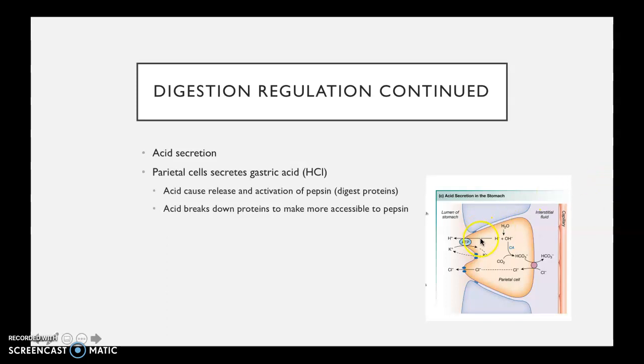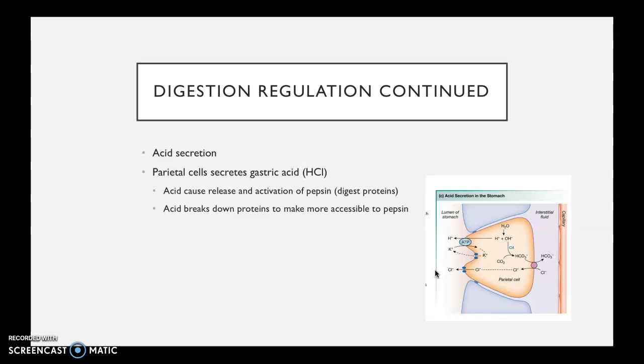As you can see, the hydrogen is created from the H2O, which breaks it down, and the bicarbonate goes out and brings in the Cl, and then that is put into the lumen of the stomach. Together, those are what make the stomach acid.